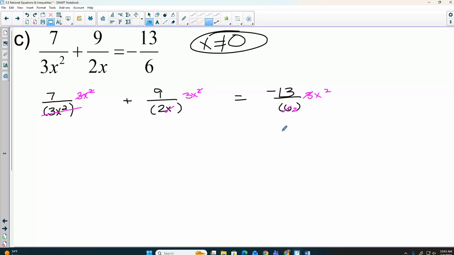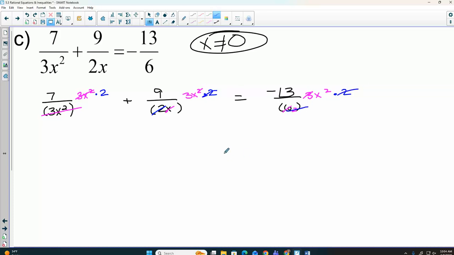All right, so my fractions are better, not totally gone. So looking at the next fraction, what do I have left that I need to multiply by? A 2. So if you do it to 1, you have to do it to all of them. It's an equation. Every term gets multiplied by it. So that cancels this too, and it cancels that.